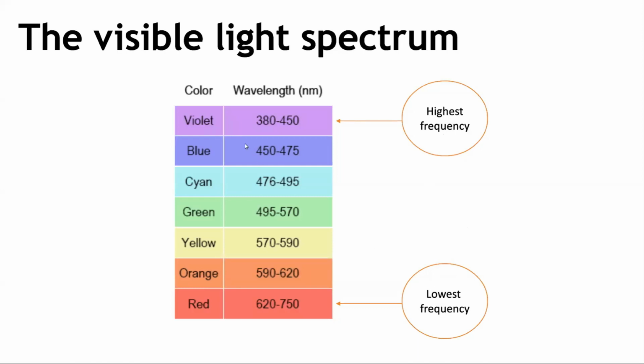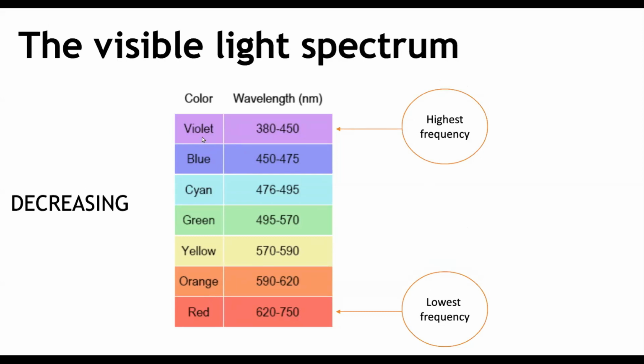Pa-decrease. Start ka sa highest, down to the lowest. Okay? So that is decreasing. So you will start from violet, from the highest frequency, down to blue, then down to green, yellow, orange, tsaka red. Okay? Gets ang decreasing?